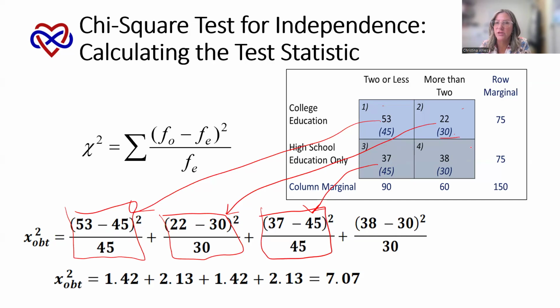That's my little fraction. And the fourth cell is the 38 minus 30, and that's its little fraction that I'm adding up. Once you add up those totals, we end up with an obtained test statistic of 7.07.